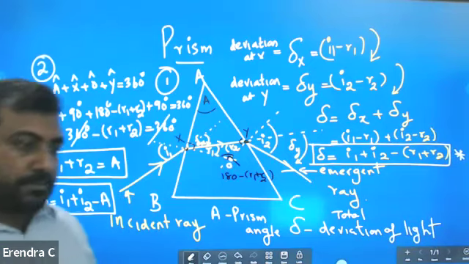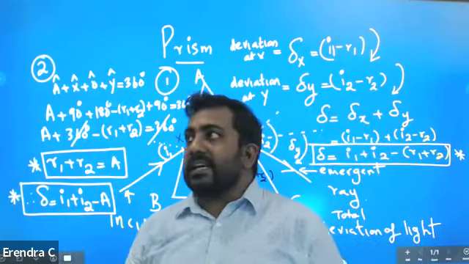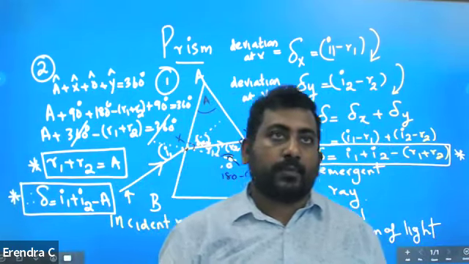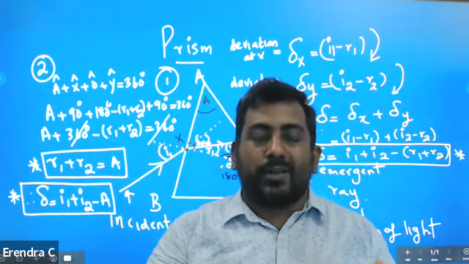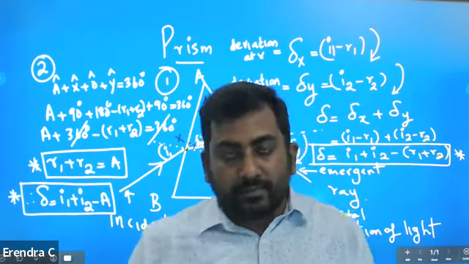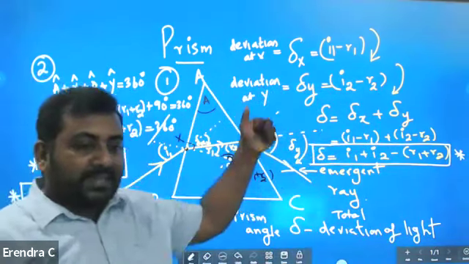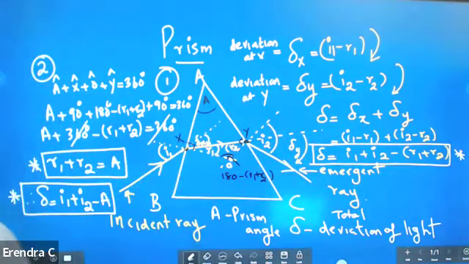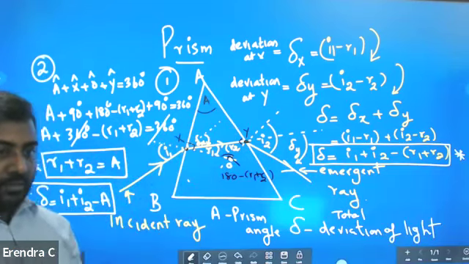It's like we can find the relationship between R1, R2 and the prism angle, and the angle of deviation as indicated below. You can mark this in the prism and then do the calculation.